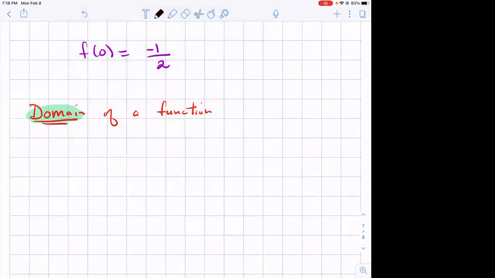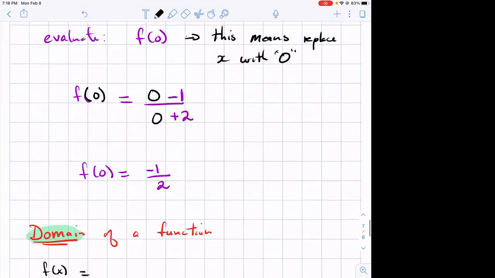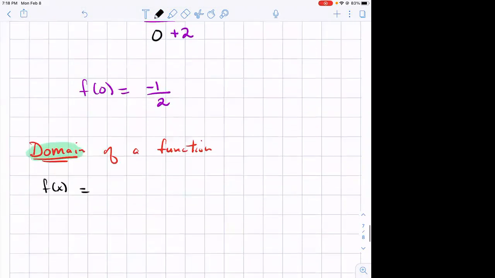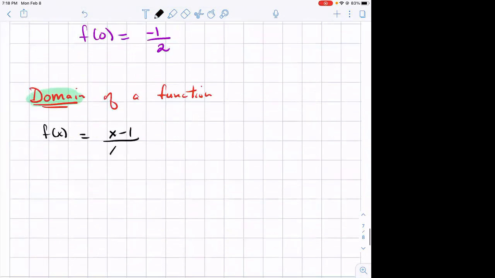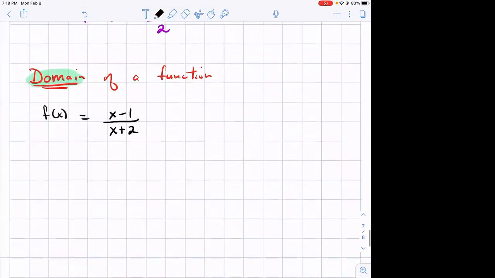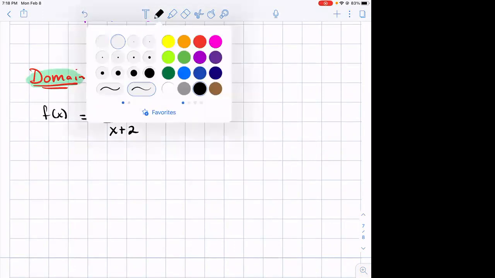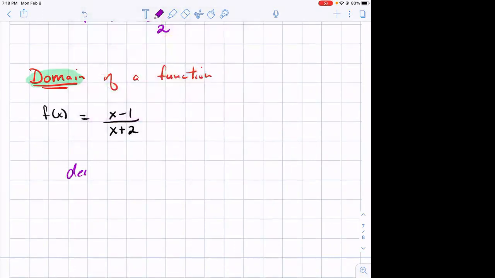So for example, if I give you the function f of x, and let's use the same function we had before, x minus 1 over x plus 2, recall that denominators cannot be 0.